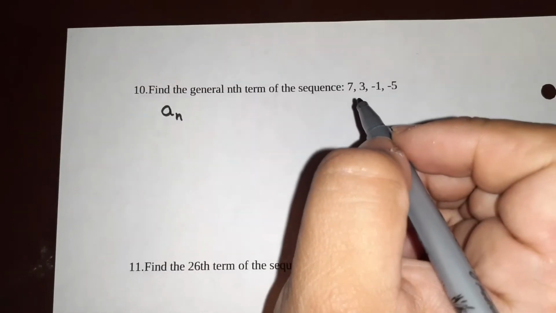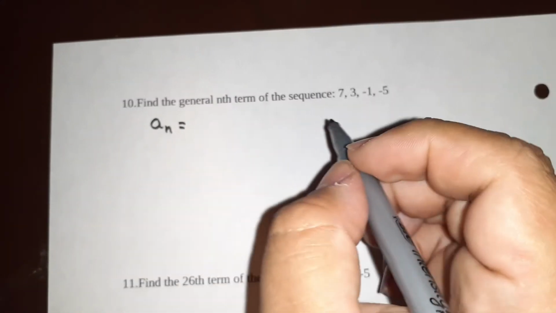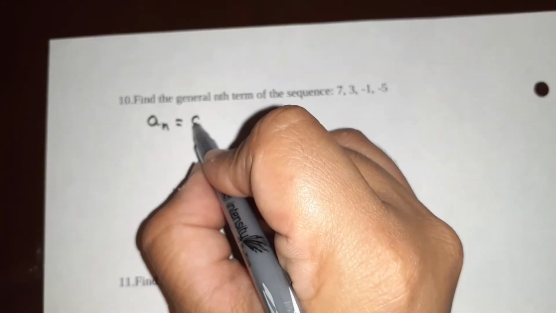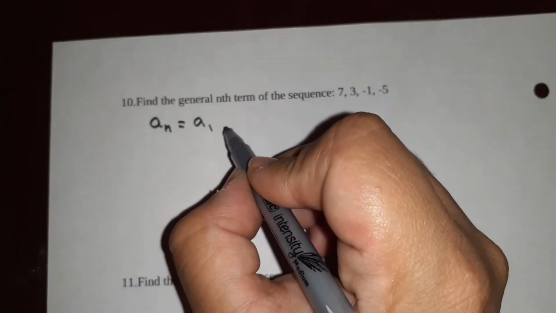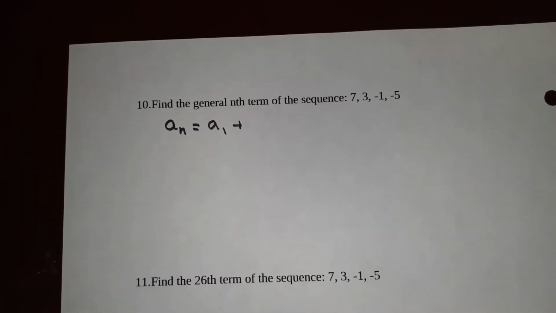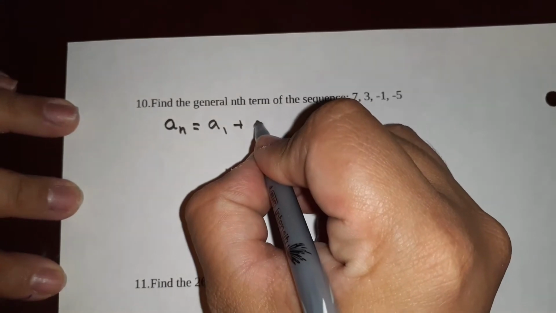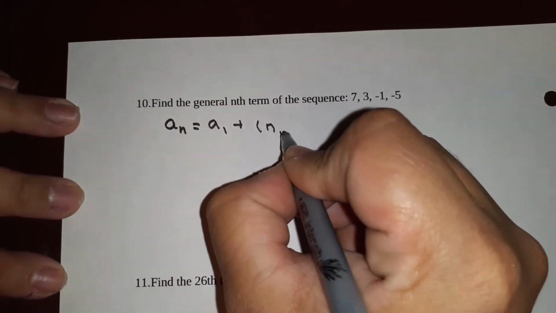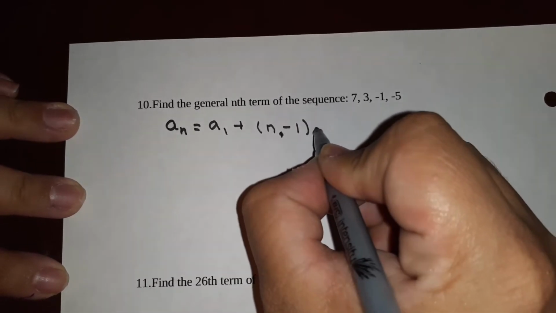So to find the general nth term, then we're going to use a sub n equals a sub 1 plus n minus 1 times my d.